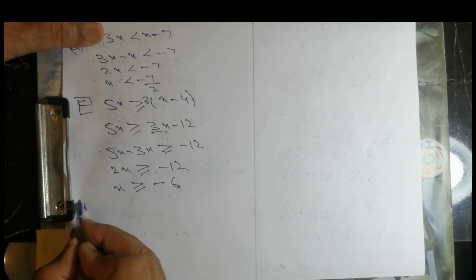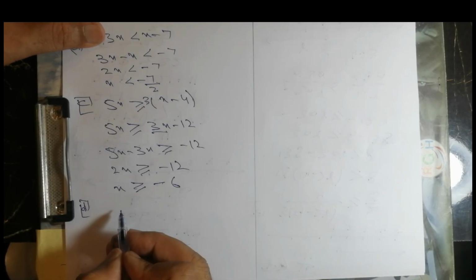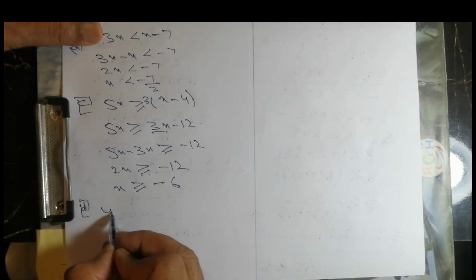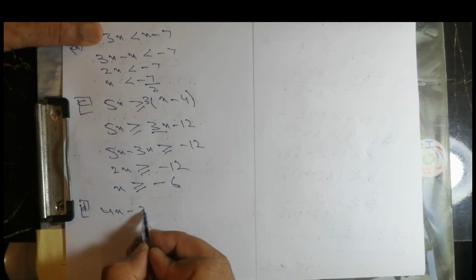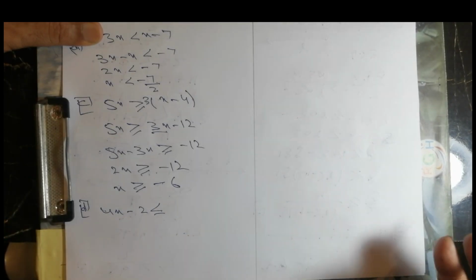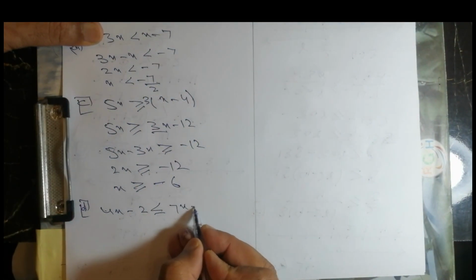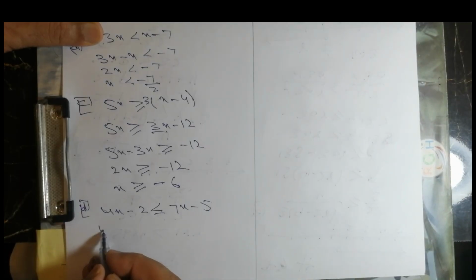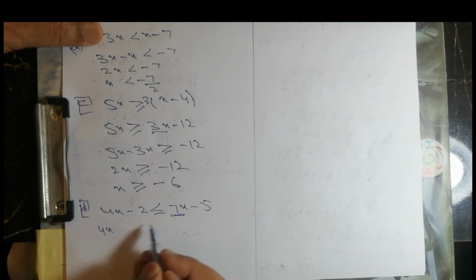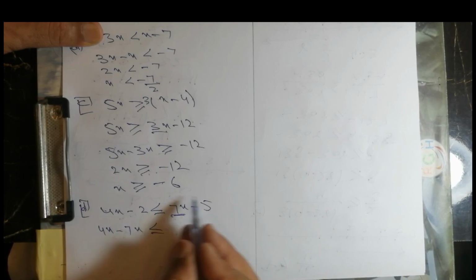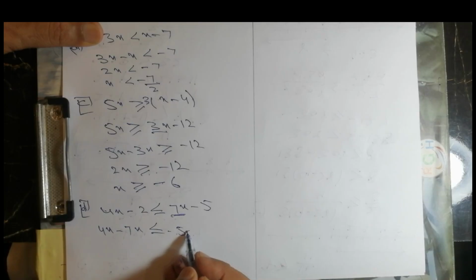So part D, 4x minus 2 less than or equal to 7x minus 5. Transfer 7x to this side, minus 7x, and this negative constant term to the other side, minus 5 plus 2.